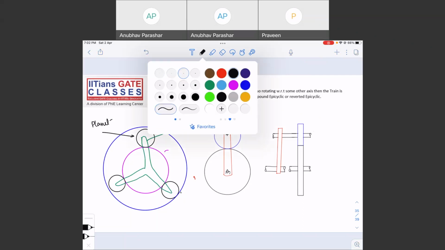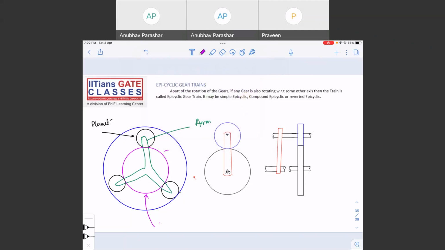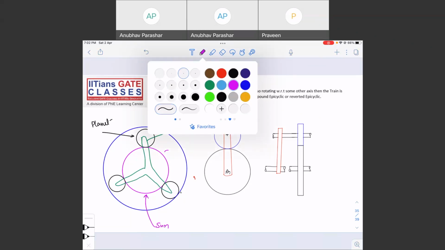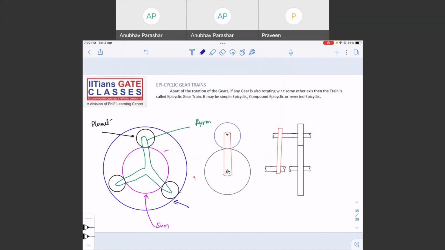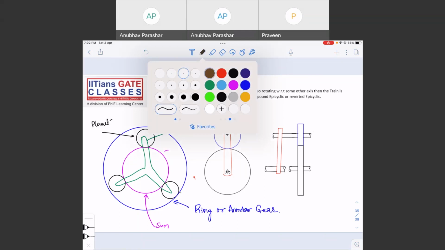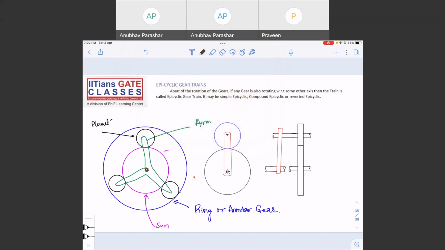The inside one is the sun gear, and the outside one is also known as the ring or annular gear, right? The numerical is difficult because it takes at least 2-3 minutes to solve. It is not very easy, but yes, you can definitely be asked about epicyclic gear trains.